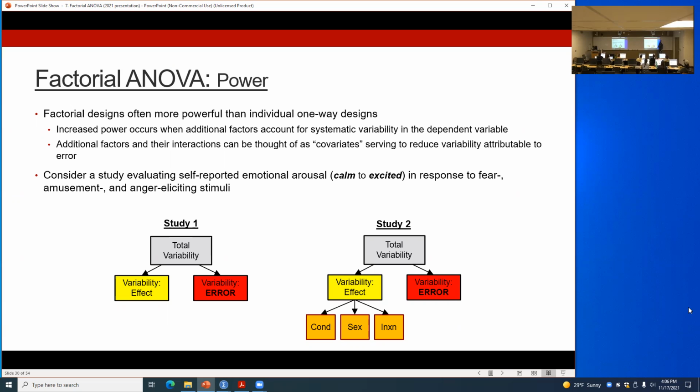Now, this isn't to say that for all studies you should throw all possible variables in there. That's bad for other reasons. But in general, factorial designs are probably on average going to be more powerful than one-way designs. Okay, you understand the logic behind this.